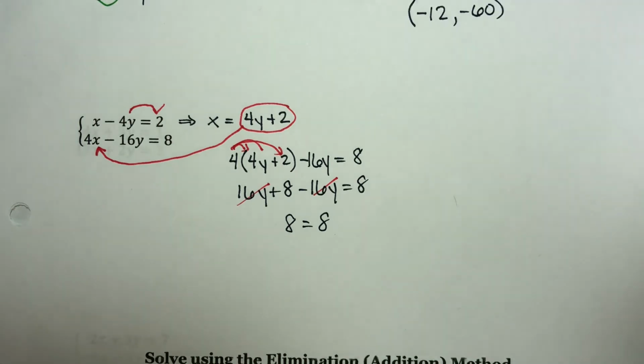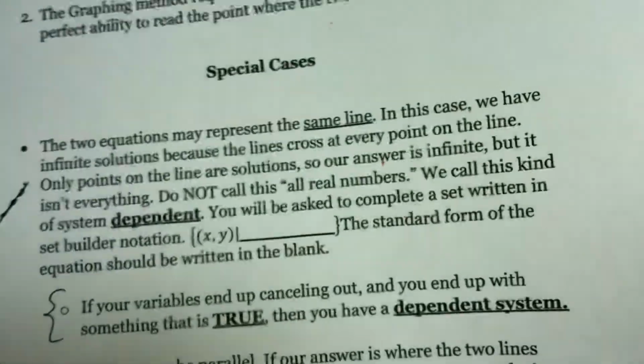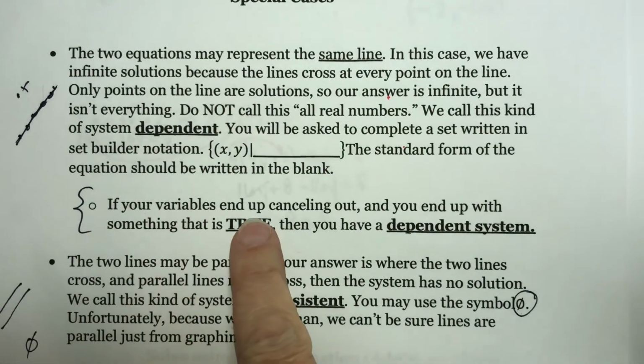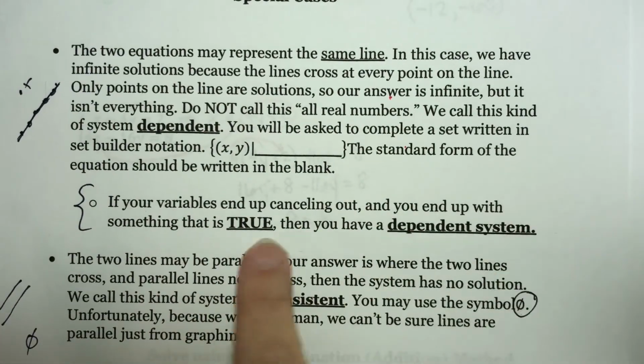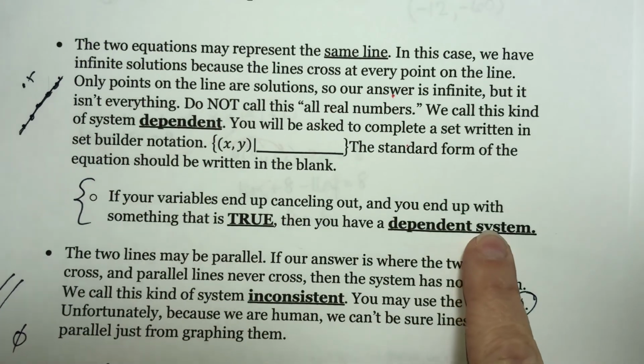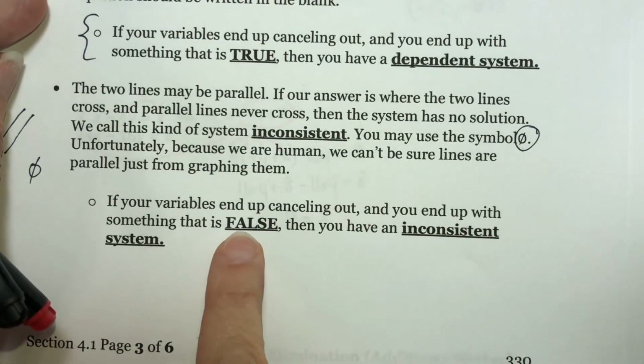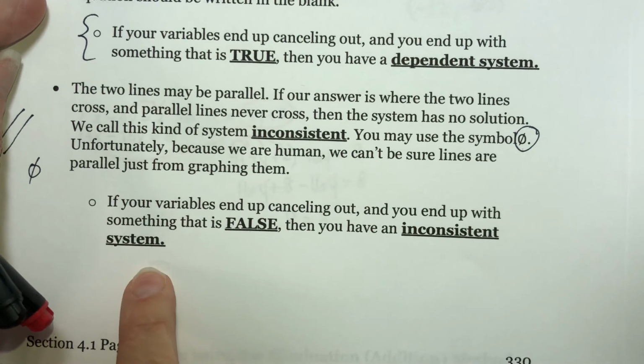Okay, so my variables went away. That tells me I have a special case. If you look at the special cases we talked about earlier, we said that if your variables end up canceling out and you end up with something that is true, we have a dependent system. If your variables end up canceling out and you end up with something that is false, then we have an inconsistent system.